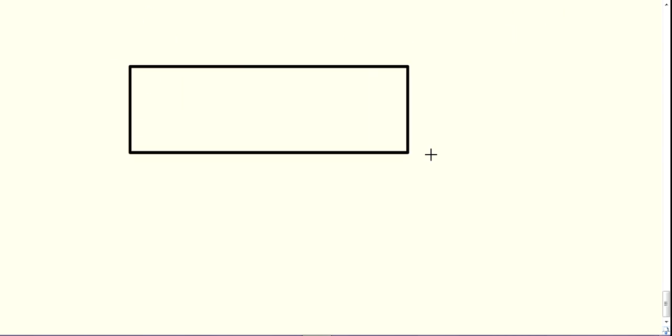Now what you have to do? Simply place your scale here. Then draw one line on this side and draw another line. Now after drawing, are these two lines parallel or perpendicular to each other?